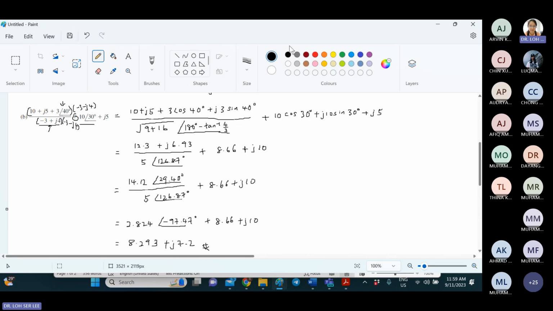Since these two are integers, if you want to use rectangular form over rectangular form, I think it's still okay, not that complex.